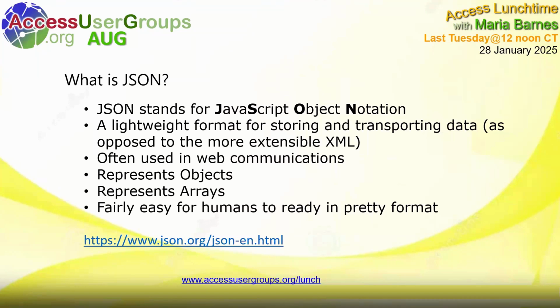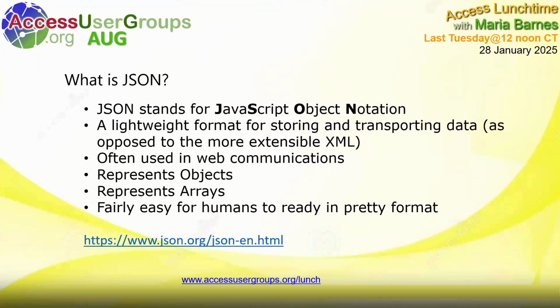JSON's a bit simpler to use. It's often used in web communications, and the JSON itself ends up representing objects or arrays. And if it's in what you call a pretty format, which we're going to talk about a little bit later, it's pretty easy for humans to read. And I think the next slide will show you a bit more about what the JSON for the dictionaries and collections we've looked at so far looks like.